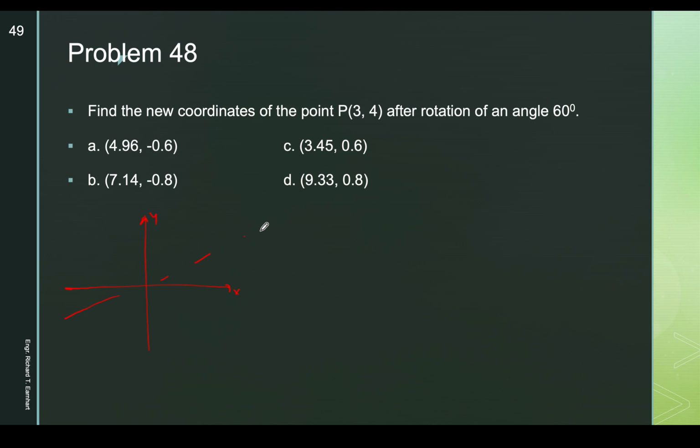So for rotation, this will now be the new x-axis, and then new y-axis, and then this is your angle of rotation, which is 60 degrees. And the formulas, the relationship between the coordinates, will be x equals x prime cosine of theta minus y prime sine of theta.